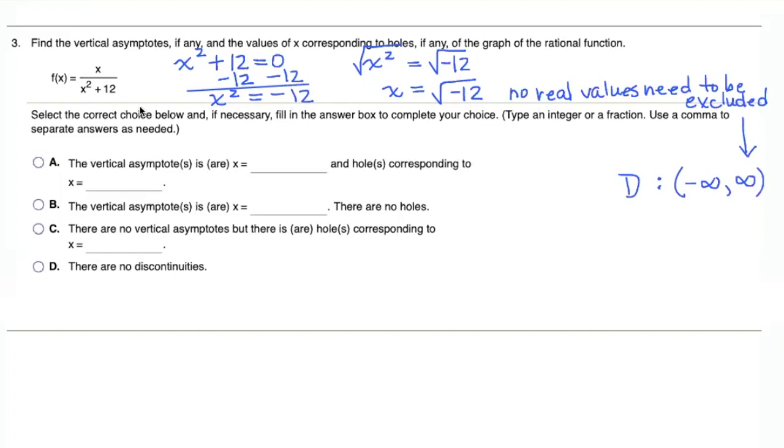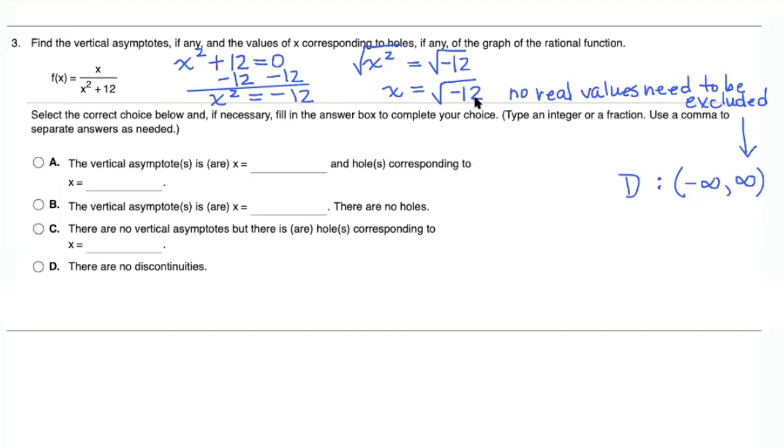All right, now to find the vertical asymptotes, you set the denominator equal to 0. So in the process of finding your domain, you've actually done the work you need to do to find your vertical asymptotes. Now, since my equation was not solvable, I don't have any vertical asymptotes.